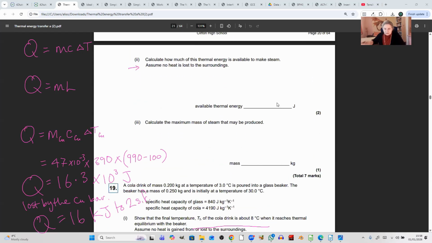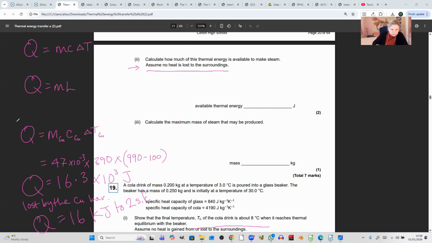Assume no heat is lost to the surroundings. So yes, in the real world, you would obviously be losing heat to the surroundings. But in this imaginary A-level physics world, we don't lose heat to the surroundings. Remember, keep it simple, the KISS thing, right? So you're too clever, you've got to dumb it down. We're going to not lose any heat.